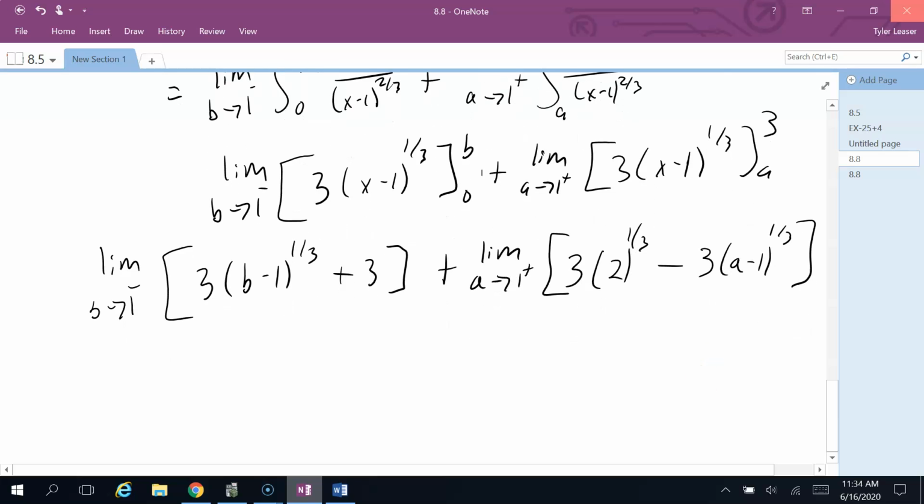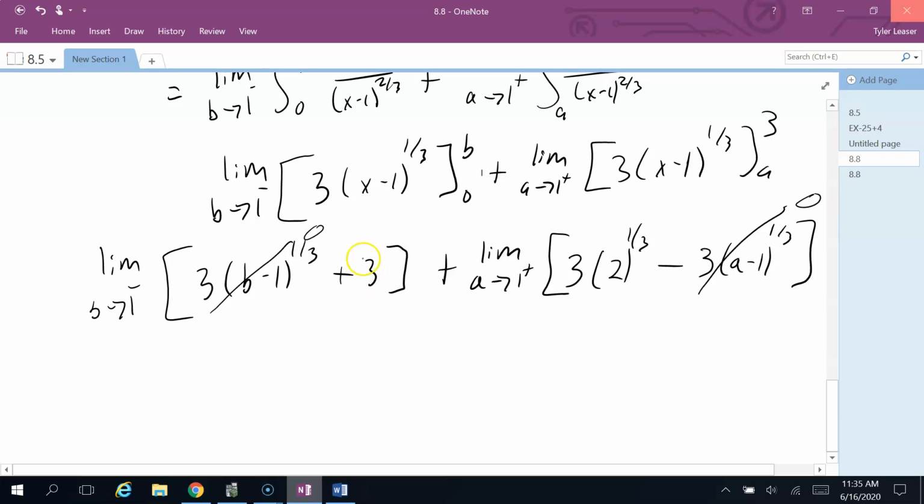Okay, now let's worry about the limits. So, one little trick to limits is that if you can just plug in the number, then just plug in the number. So that's what we're going to do here. If I plug 1 in for the b, I get 1 minus 1, which is 0. 0 to the 1/3 is still just 0. Over here, if I plug in a equals 1, I get 1 minus 1 is 0 to the 1/3, still 0.